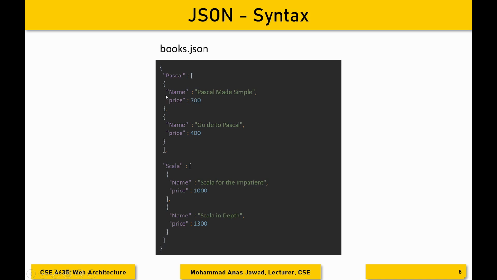But in the case of JSON files or JSON objects, you need to use double quotation marks to specify the keys or the names of your values. Also, in the case of JavaScript objects, it is possible to include functions inside your objects as well. But you can't do something similar when it comes to JSON objects.